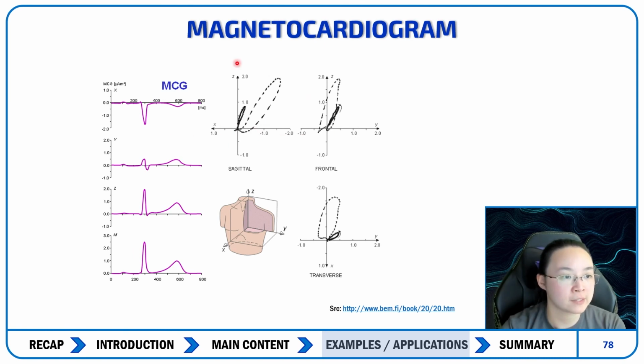Here you have XZ, here you have YZ, and here you have XY. So based on these three, you can create one of these sagittal, frontal, or transverse cross-sectional graphs of your magnetic heart vector, or you can combine all of them and get a signal like this for analysis for X, Y, Z, and M.